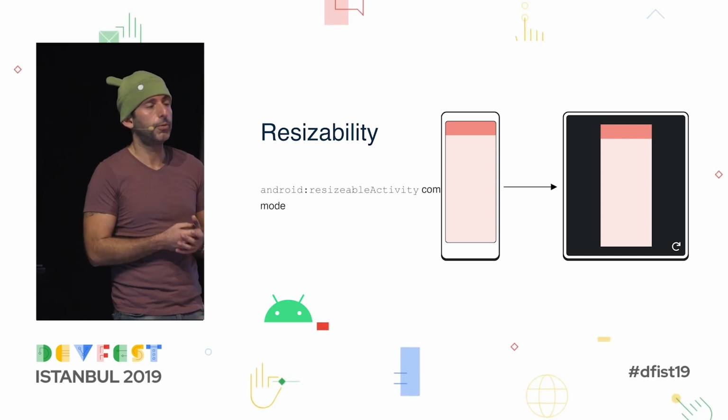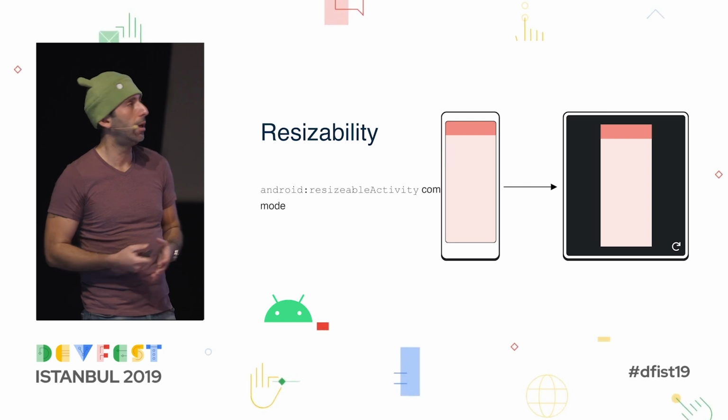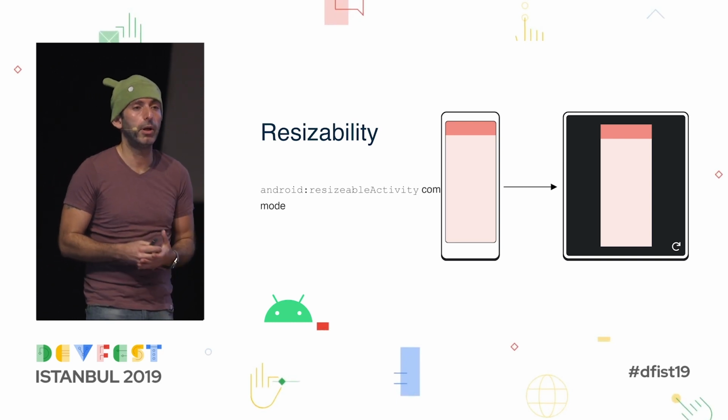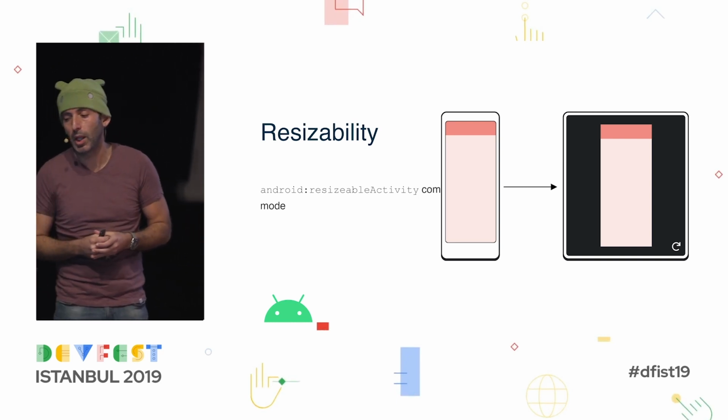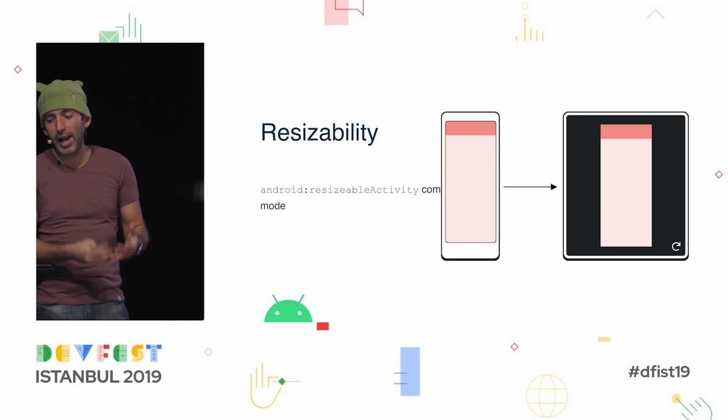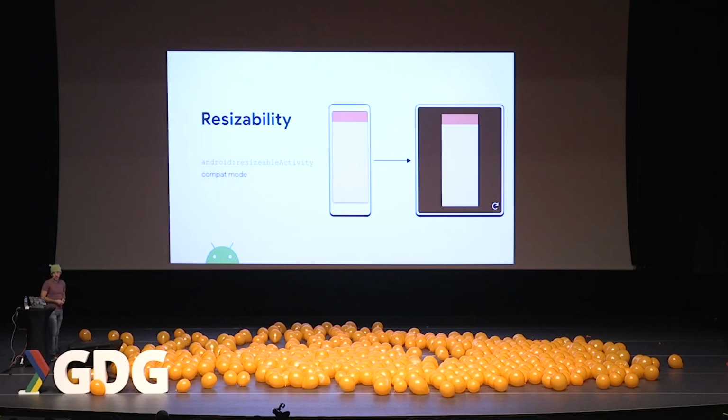Resizability is default by true. So without you opting in, we assume your app will support resizability. If you don't want your app to be resized, you need to set the flag to false, and in that case, we'll basically show your app in a black box, and we will not try to resize it.